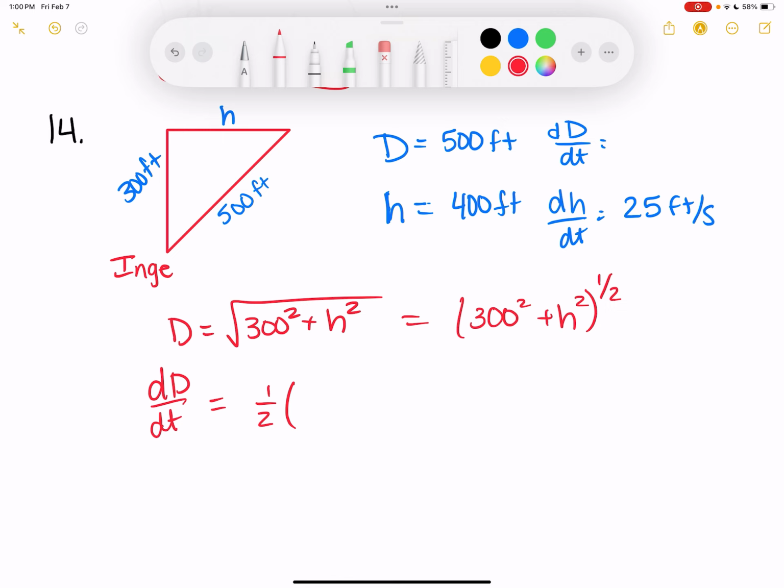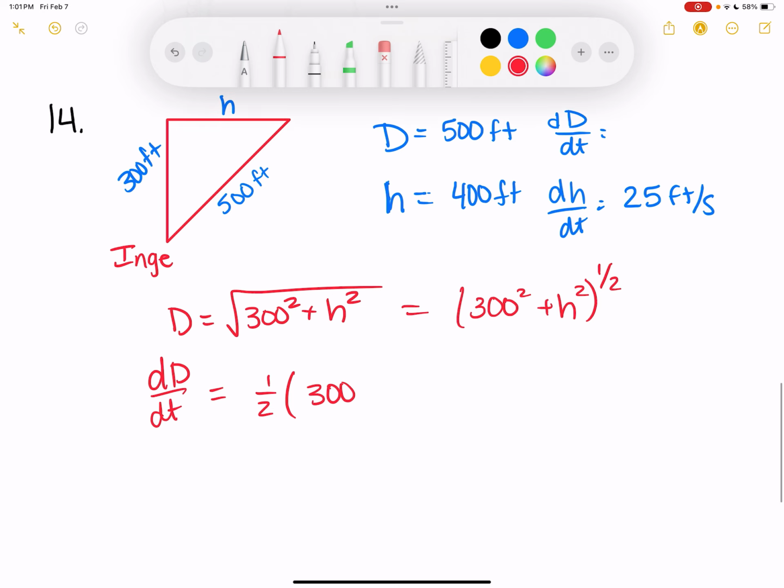1/2 times 2. Wait, did I just get rid of the 300? No. Okay. Chain rule. Keep everything inside. So then we have 300 squared plus H squared. And I guess we'll do it to the negative 1/2 now.